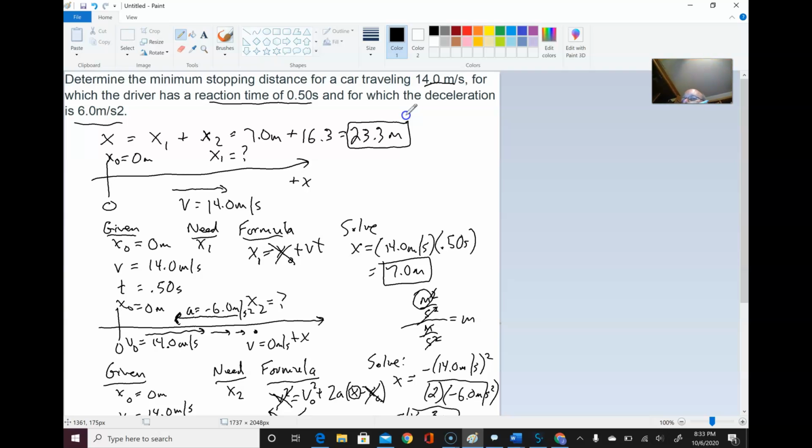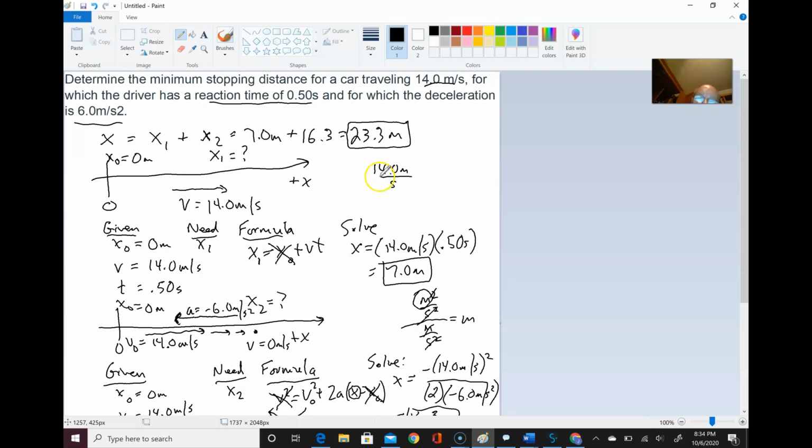Okay, so if I also do the conversions to something that you understand a little better, 23.3 meters is going to be about 25 yards or 26 yards. So it's going to take me about 75 feet to stop. And if I look at how fast they're going, I know that they're going 14.0 meters per second.